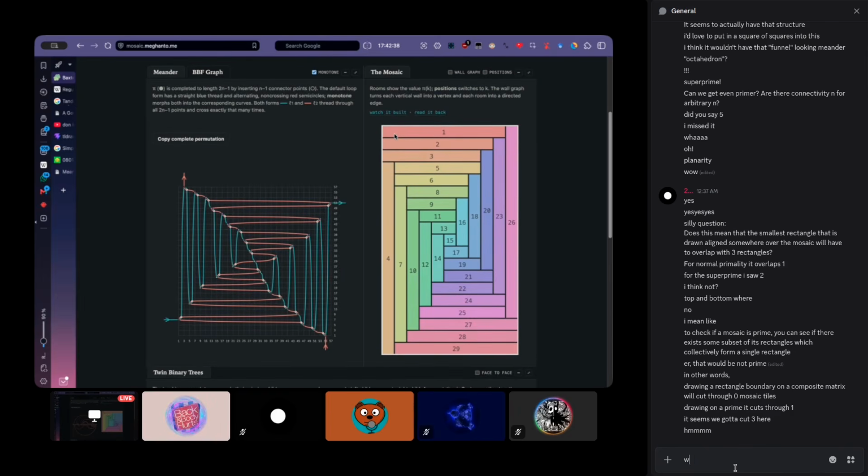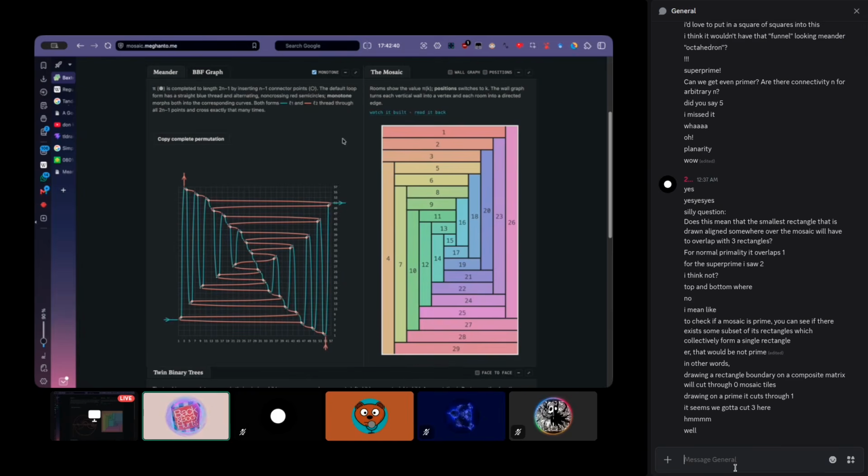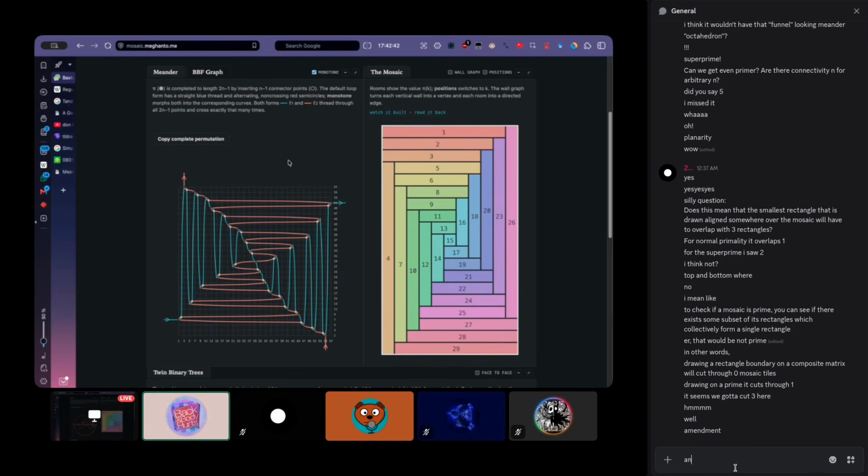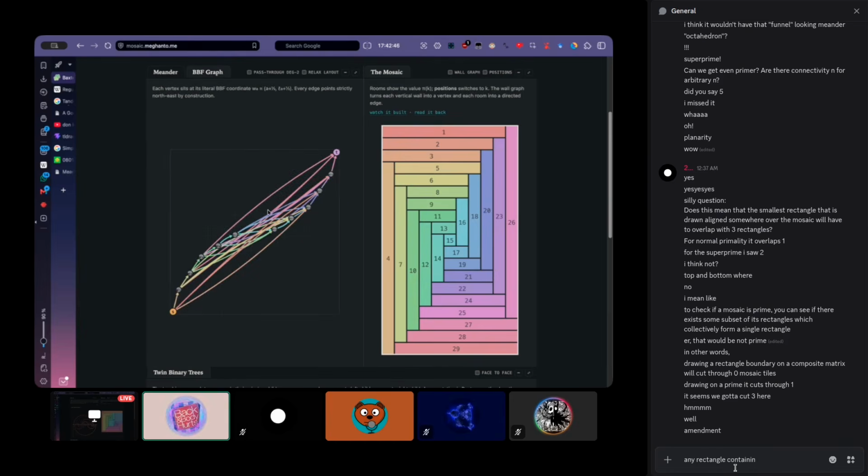And this makes sense because the graph nodes correspond to the vertical walls. So it makes sense that the vertical walls need to cut through 3 edges. So it all corresponds.